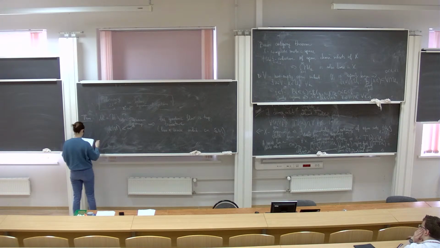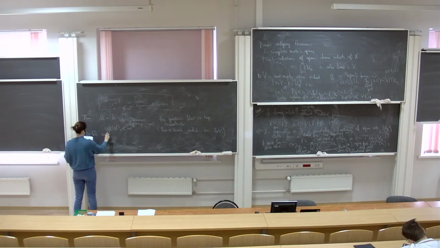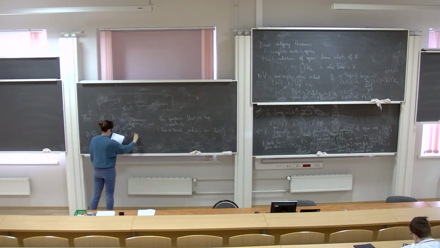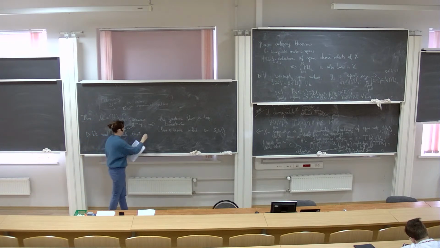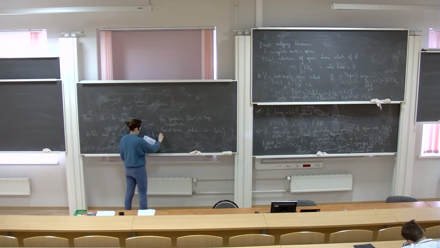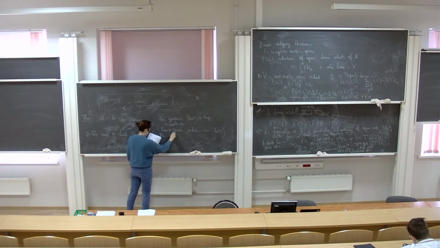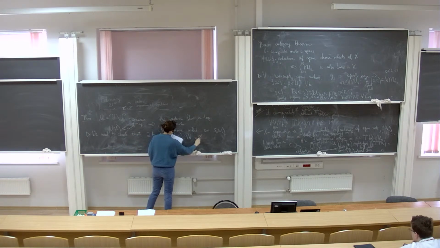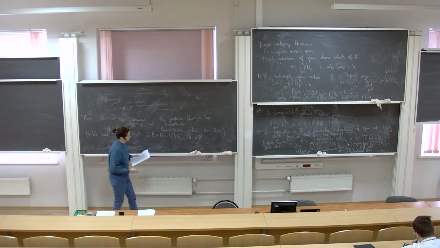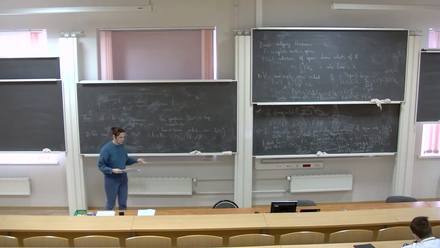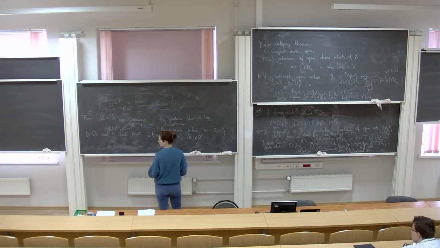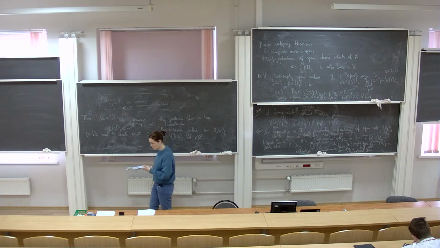So we need to check that there exists a T such that the phi T of U intersected with V is not empty. We agreed that that's enough to be sure that we have a dense orbit. So we call Anosov to help us, and he comes with his closing lemma.